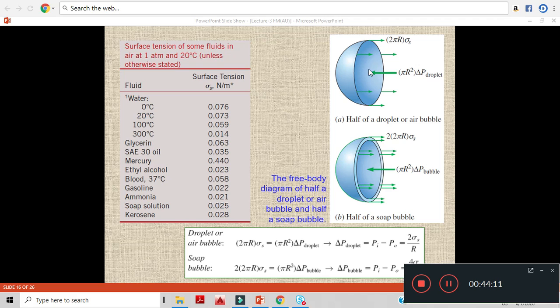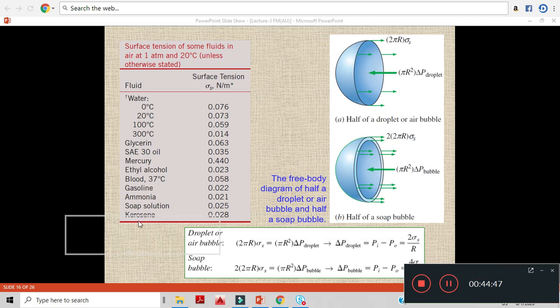To calculate the force, that is pressure into area: the change in pressure, because of which the water droplet maintains its shape, multiplied by the area, that is pi r squared. So these two forces are balancing each other to maintain the shape of the water droplet. Delta P is equal to P in minus P out, where P out is the atmospheric pressure and P in is the inside pressure of the water droplet, and that is equal to 2 sigma by r.